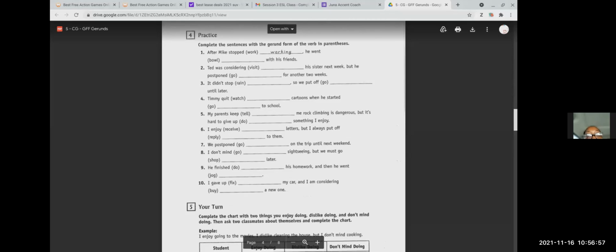My parents keep telling me how climbing is dangerous, but it's hard to give up doing something I enjoy. Number 6. Consider visiting.